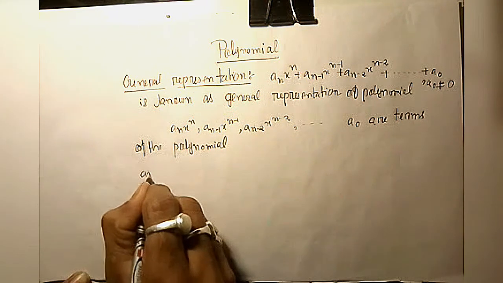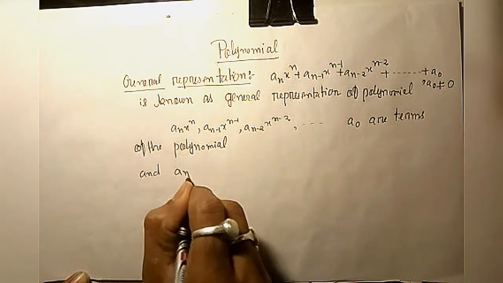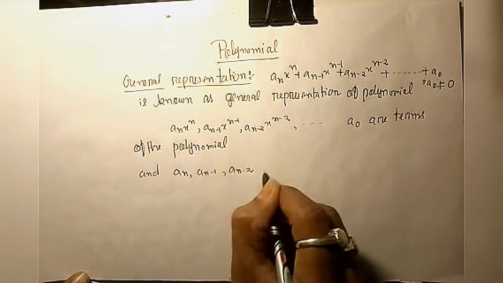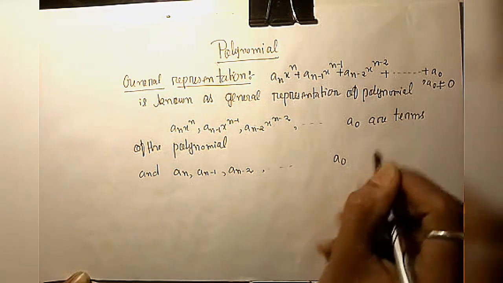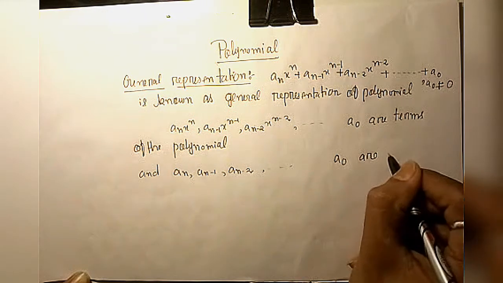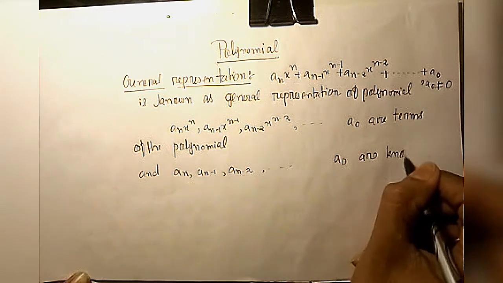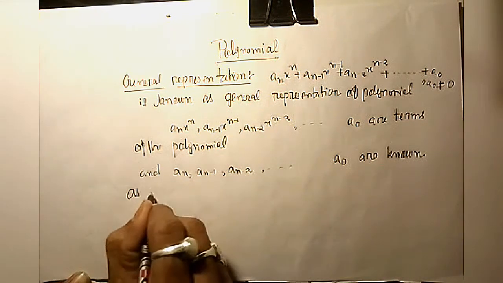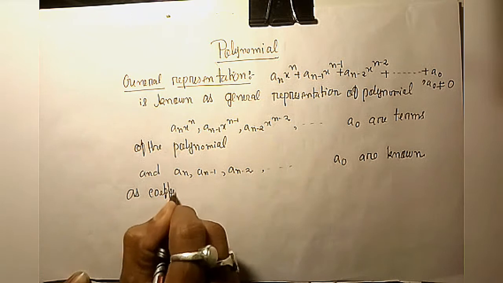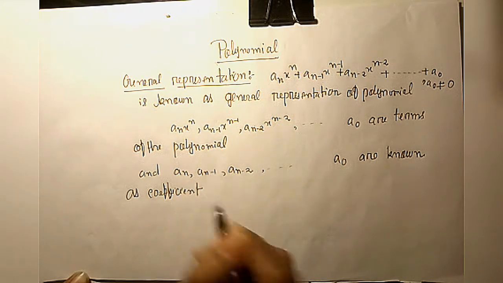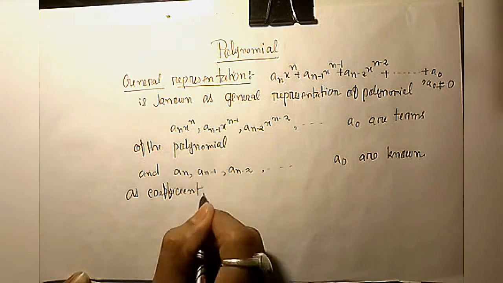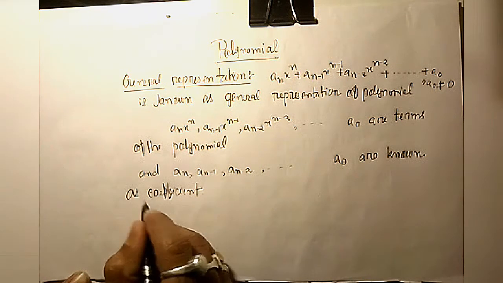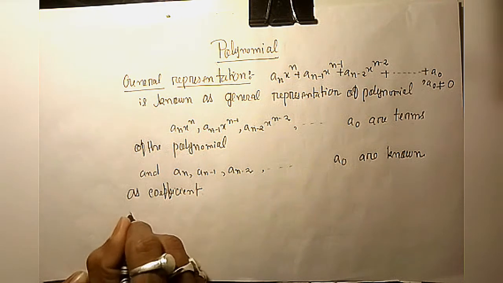Similarly, what are the coefficients? a_n, a_(n-1), a_(n-2) up to a_0 are the coefficients of the given polynomial. Coefficient means the number or the part which is attached with the variable.